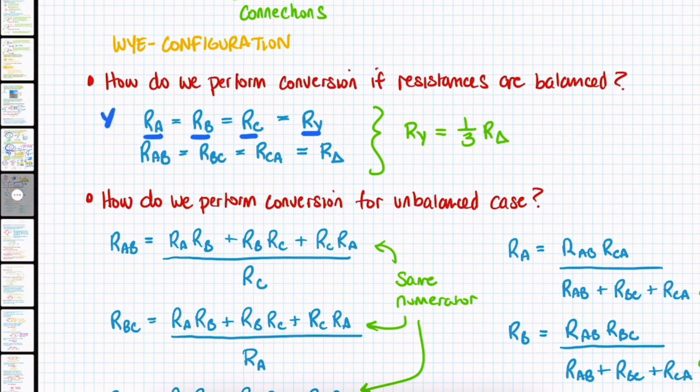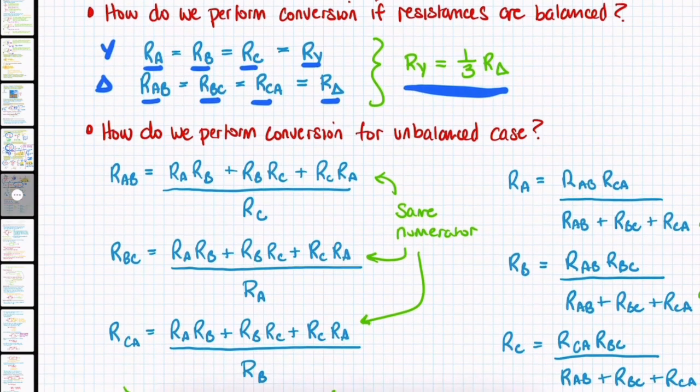This is for the Y connection. For the delta connection, RAB, RBC, RCA, they can all be given the name R delta. And this equation here, RY equals 1/3 R delta, allows us to go back and forth. Pretty straightforward. Essentially, the Y-connected resistances have 1/3 the value of the resistance of the delta-connected versions.